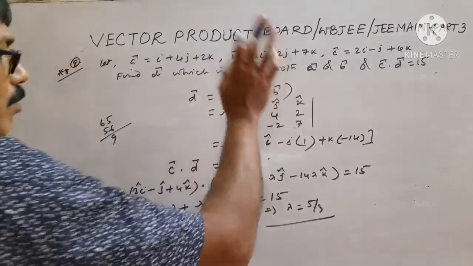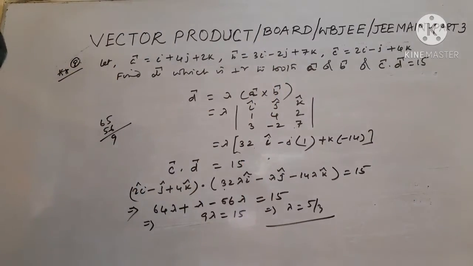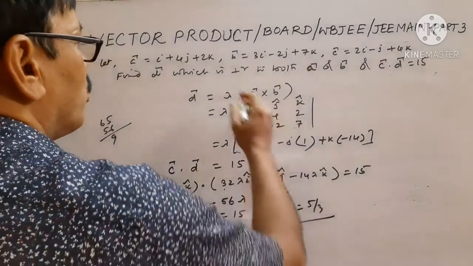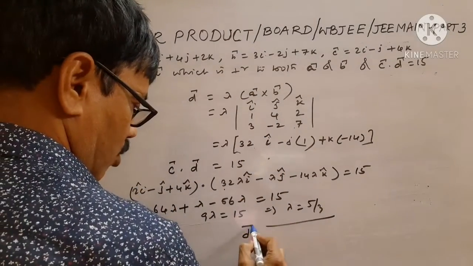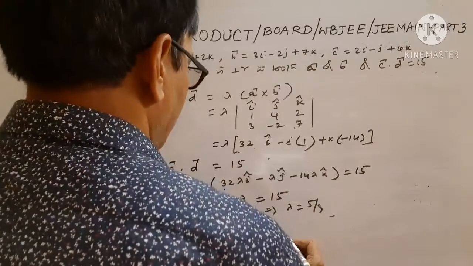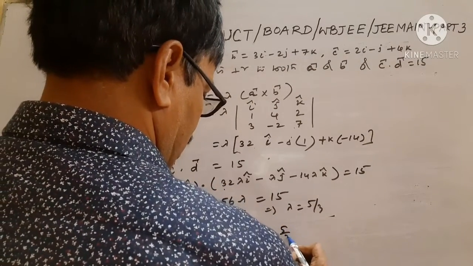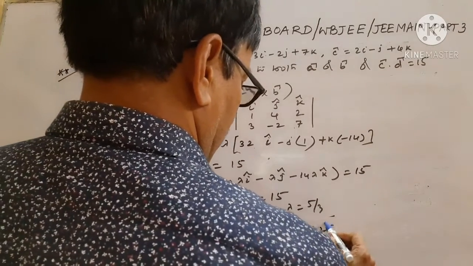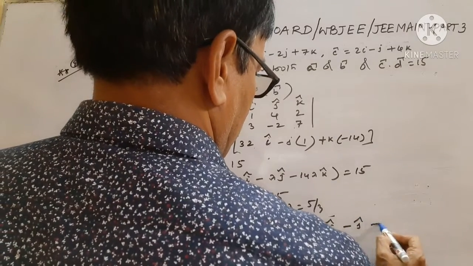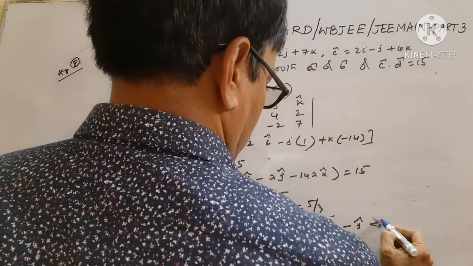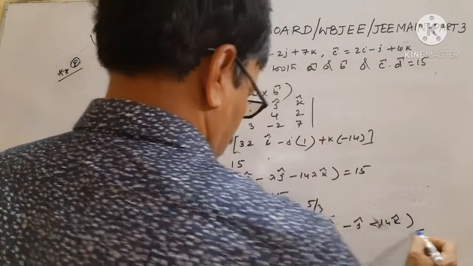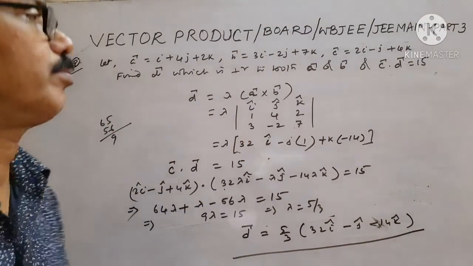D equals lambda into this one. So finally D vector equals 5 by 3 into 32i minus j minus 14k. So this is the D vector.